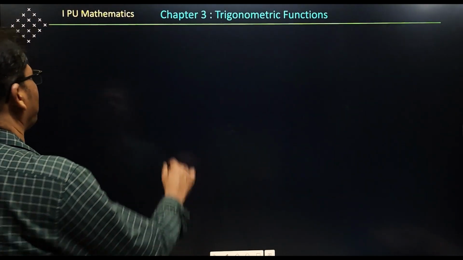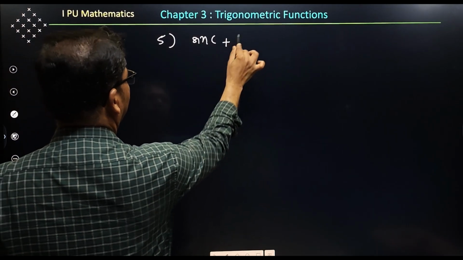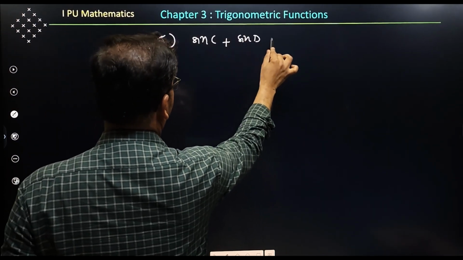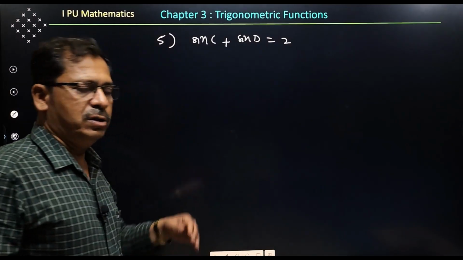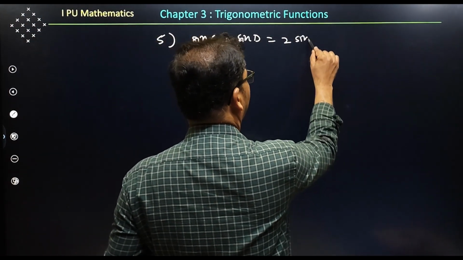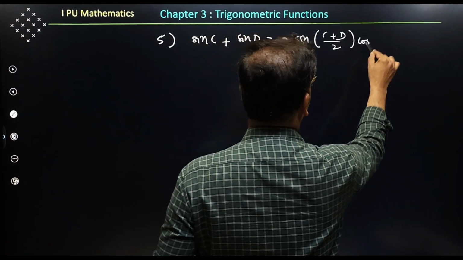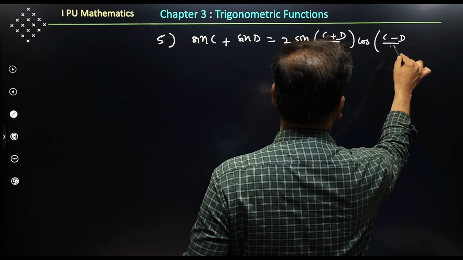Now sum to product. Sin c plus sin d is equal to 2 into sin of c plus d divided by 2 into cos of c minus d divided by 2.